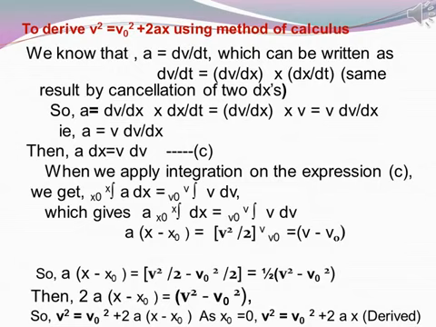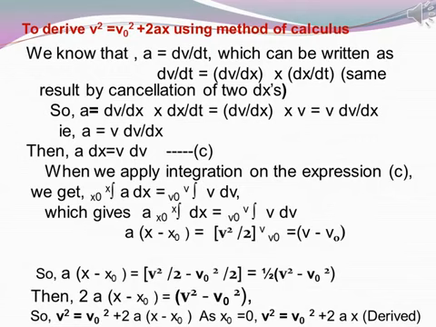It is the same result by the cancellation of dx in the equation. So, a is equal to dv by dx into dx by dt, which is equal to dv by dx into v. Since v is equal to dx by dt, which is the rate of change of displacement, a is equal to v into dv by dx.